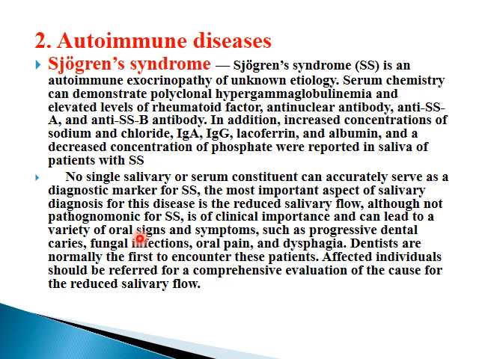Although not pathognomonic for Sjogren's syndrome, it is of clinical importance and can lead to a variety of oral signs and symptoms, such as progressive dental caries, fungal infection, oral pain, and dysphagia. Dentists are normally the first to encounter these patients. Affected individuals should be referred for comprehensive evaluation of the cause for the reduced salivary flow.